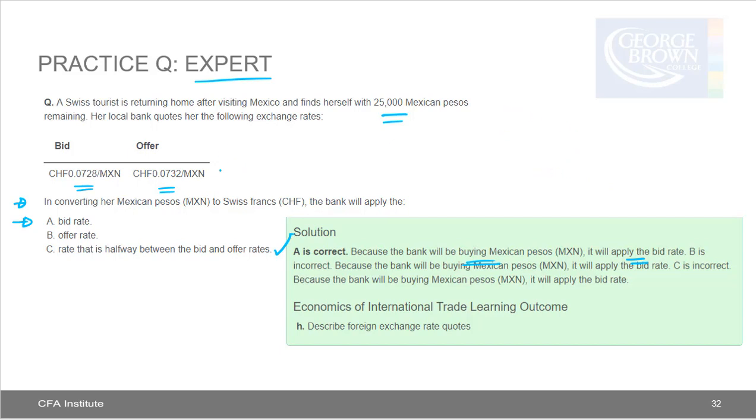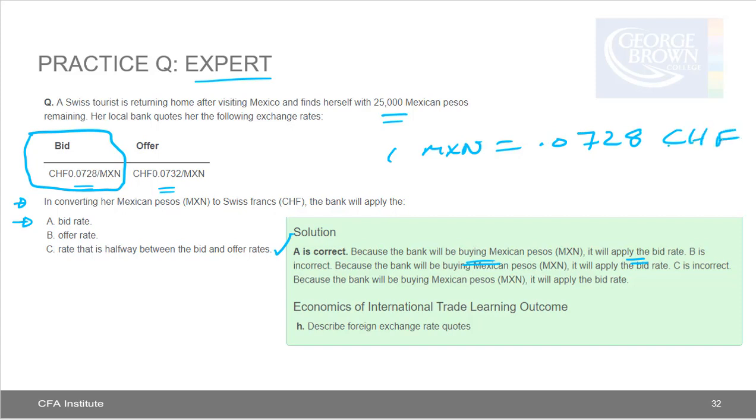But one of the things that I wanted to point out to you is that when you see this type of quotation, CHF 0.0728 to the MXN, always to make it easy to understand, just write a number 1. That's 1 Mexican peso. So 1 Mexican peso in this case is equal to 0.0728 Swiss francs.